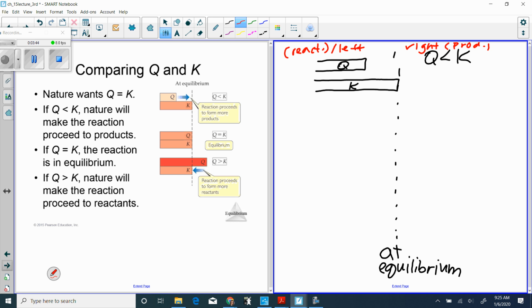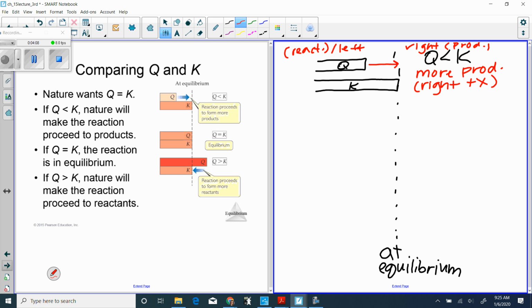If Q is less than K, that means that in order to catch up to K, I'm going to have to make more products. That means my right side, my product side, is going to get my plus x's.